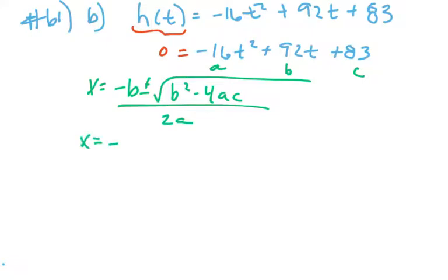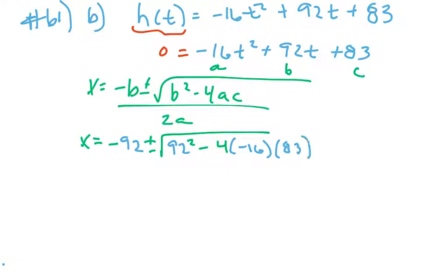If we plug that in, we have a negative 92 that we're going to add and subtract to 92 squared minus 4 times a, which is negative 16, times c, which is 83. And that's all over 2 times our a of negative 16.